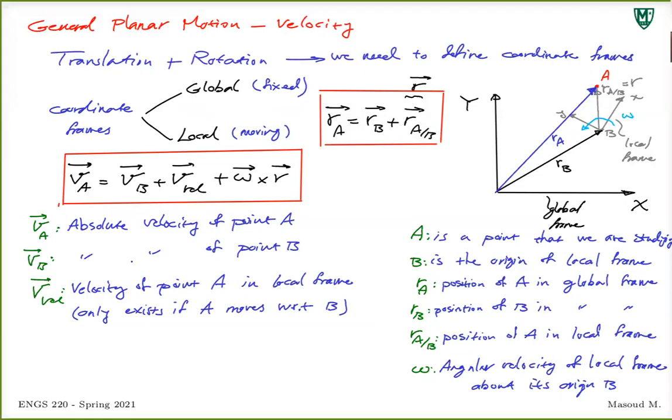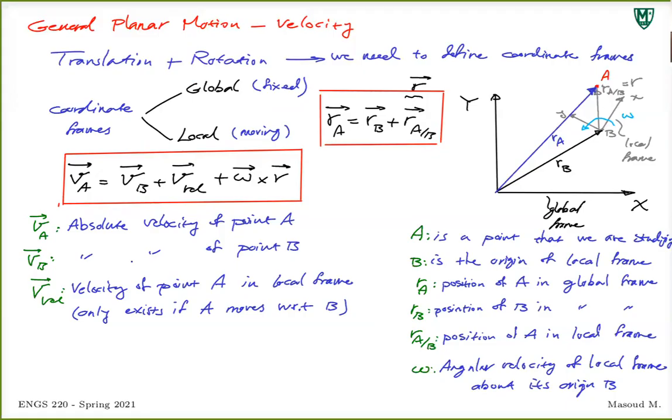But if this moves, somehow translates or rotates, we'll talk about rotation later on separately, but this is the general form of the equation. It depends on how you attach your frame. These things become more clear when we go over examples. If there is a relative velocity, well, this is not zero.